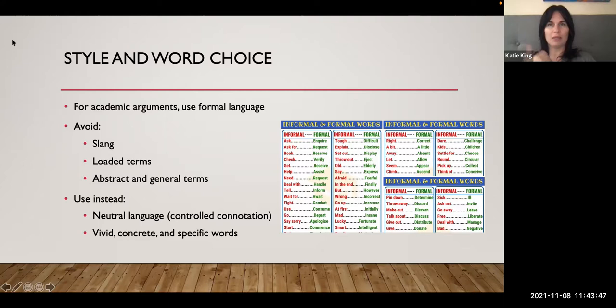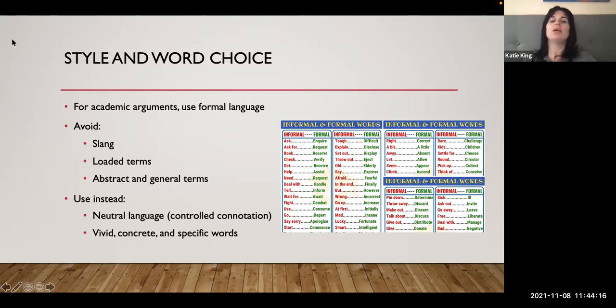If we are in an academic setting in a college classroom, you don't want to use the same language that you would use hanging out with your friends or in the locker room talk, right? All of those sorts of things. You want to use language that's appropriate for an audience of academically minded peers. So that's why we don't use that informal language like slang, colloquialisms, etc.